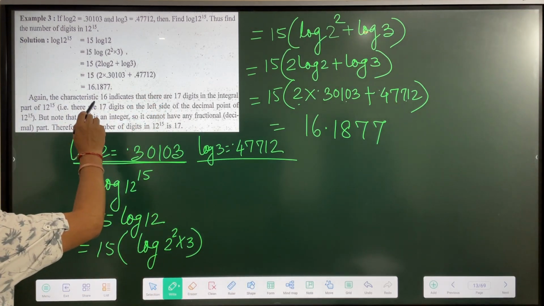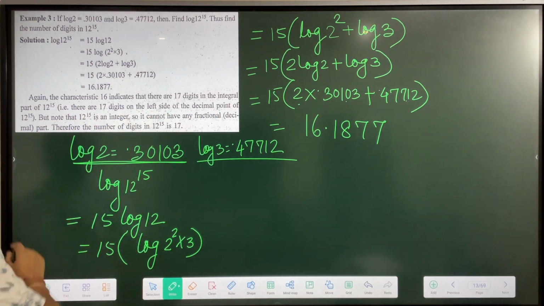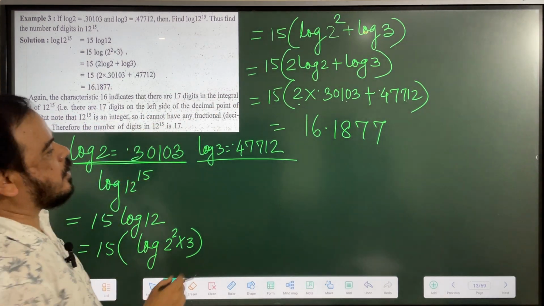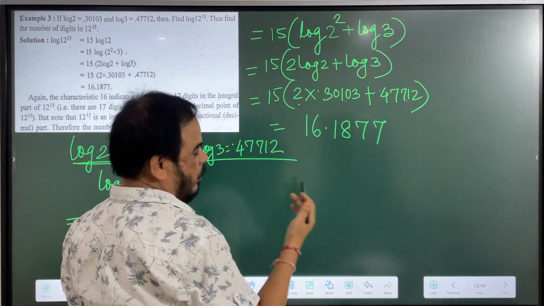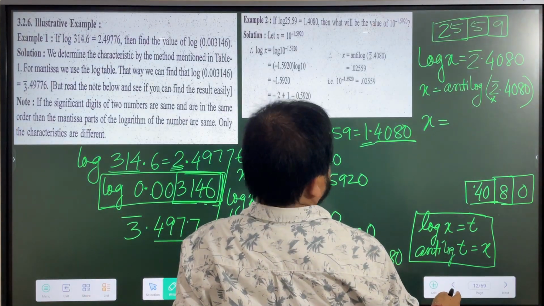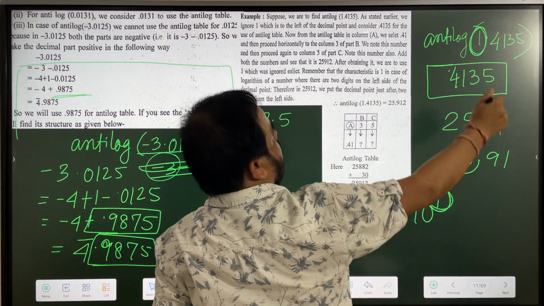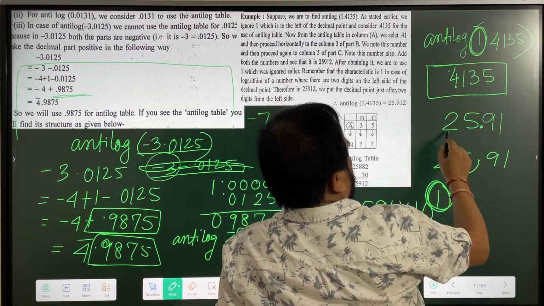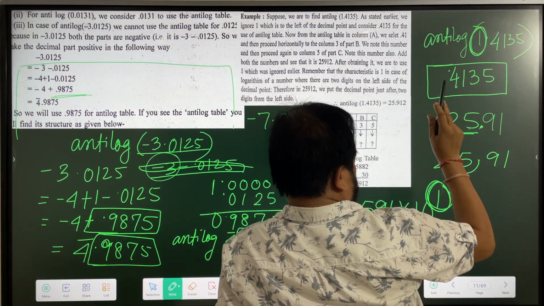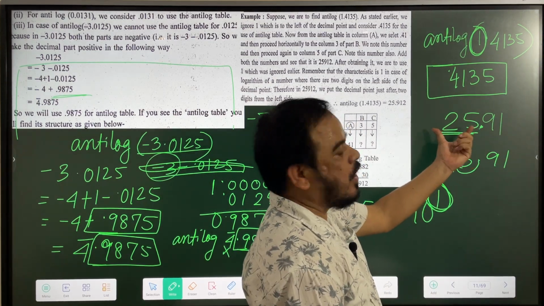Again the characteristic 16 indicates that there are 17 digits in the integral part of 12 to the power 15. There are 17 digits in the left side. That means 16 point something. Okay. Now, if characteristic is 1, so before decimal how many digits? 2 digits. If characteristic is 2, then before decimal you will get 3 digits.